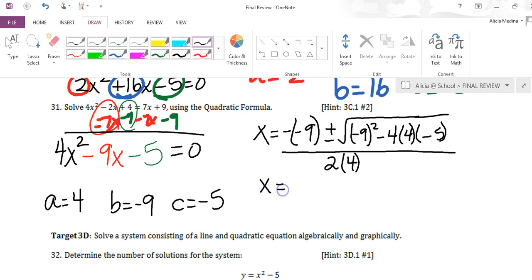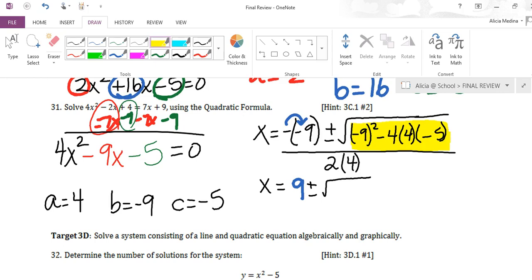So x equals a negative times a negative 9 is a positive 9, plus or minus. I am going to draw my little radical here, because I'm going to plug in just whatever's underneath it in my calculator, exactly the way it looks, with the parentheses.